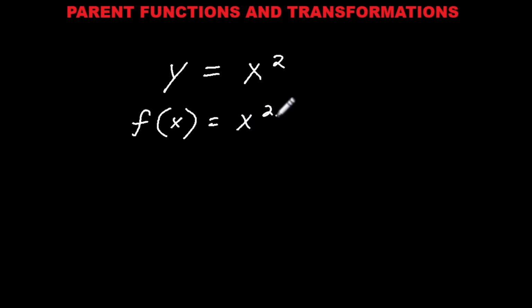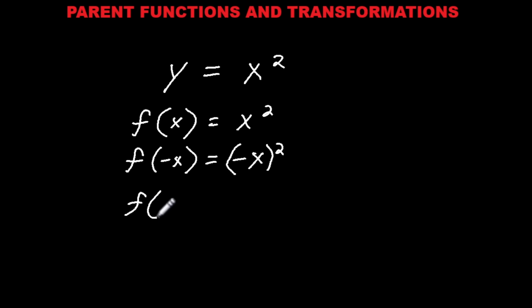Then I'm going to flip the x's with the minus x's. So I would have f of minus x equals minus x squared. When I square the minus, I'm just going to get the same thing. So f of minus x is again x squared. So it's the exact same graph.